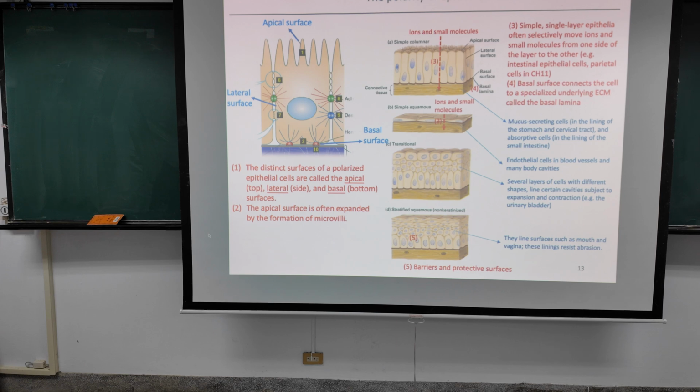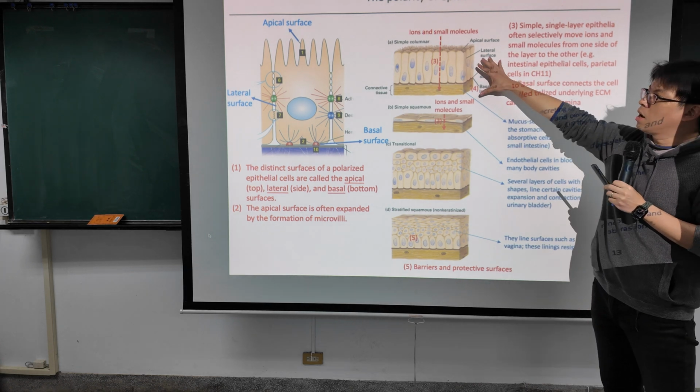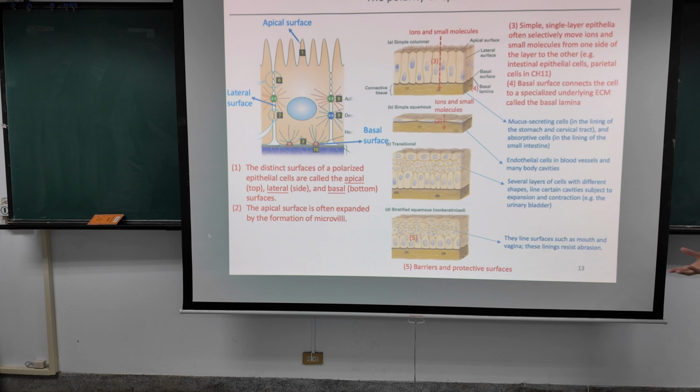They have two pools of this plasma membrane. One is the apical surface, the other is the basolateral surface. Okay. And in different tissues, the epithelial cells will form different shapes. In this case, one layer of epithelial cells can serve as a barrier, okay, to prevent anything from leaking from this side to the other side.